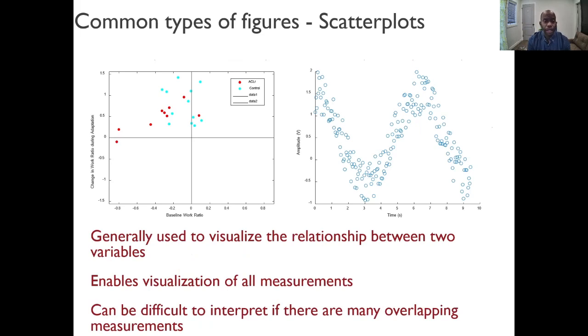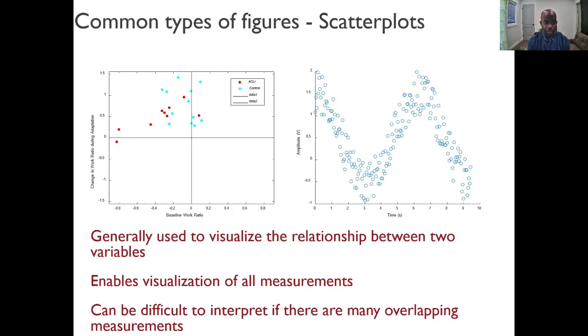The second type of plot that I most commonly use is some sort of scatter or dot plot. Scatter plots are most commonly used to understand or visualize the relationship between two variables.